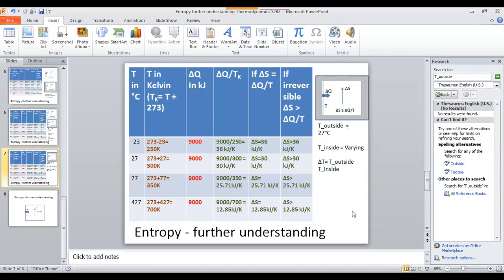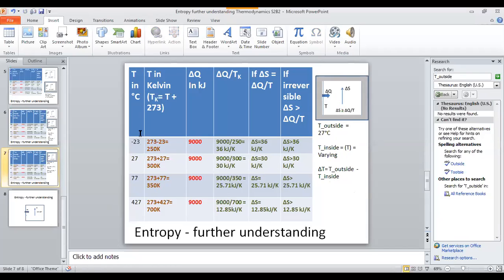You should know that for heat transfer, there should be a temperature difference. T inside is varying. T inside, we call this T in the above figure. Delta T is T outside minus T inside.